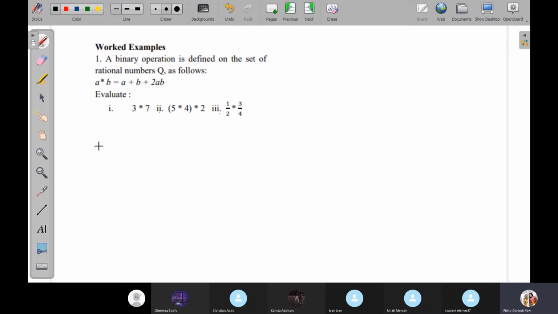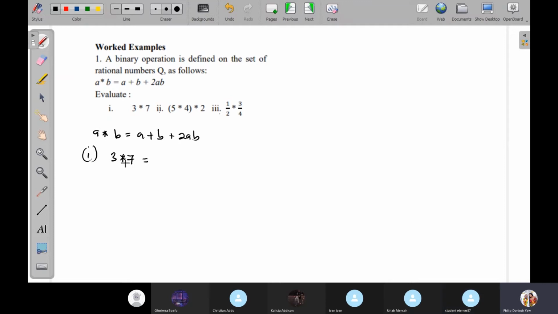Taking the first example, the rule being A star B equal to A plus B plus 2AB, then considering question I, which has the numbers 3 star 7, when we compare 3 star 7 to the rule A star B, the A in the rule is being represented by what number in the expression? 3.